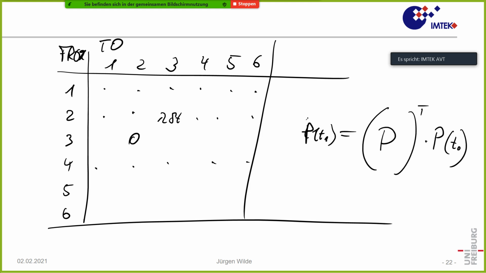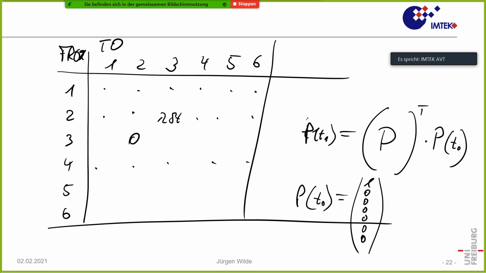So with the initial probabilities, we can start. For instance, we can say the initial vector is 6. Yeah, and then we multiply it with that matrix.